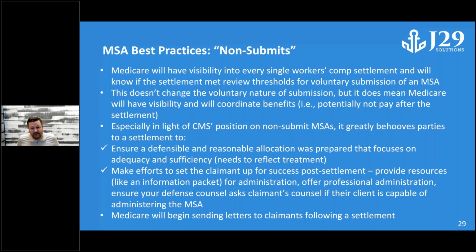So in light of CMS's position on non-submits, I think it's important for the parties to ensure that there's some sort of defensible, reasonable, not over the top allocation that was prepared that focuses on the adequacy and sufficiency of treatment needs, reflected in the claim file records.